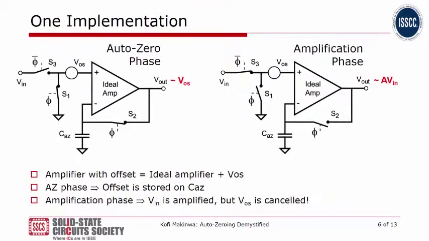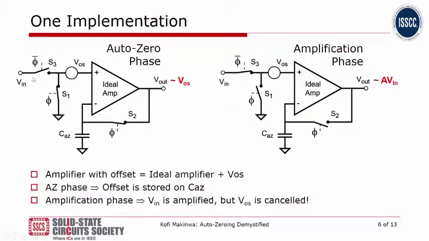Here's a circuit implementation. So here's one way that you might implement auto-zeroing. Here I have a real amplifier, which I've modeled as the combination of an ideal amplifier and an offset source, and I'm going to auto-zero it.